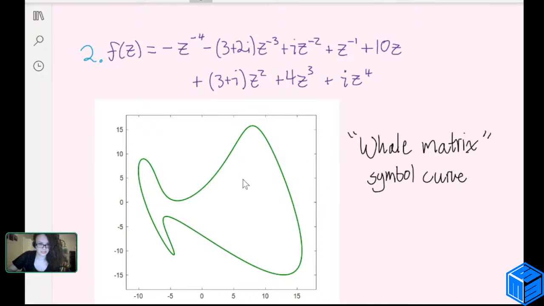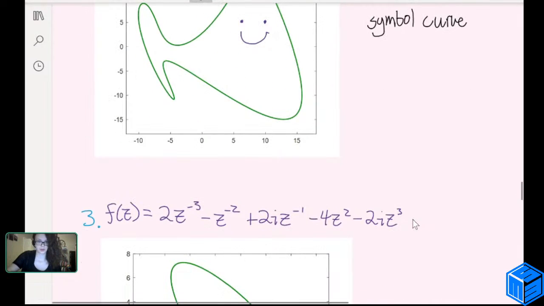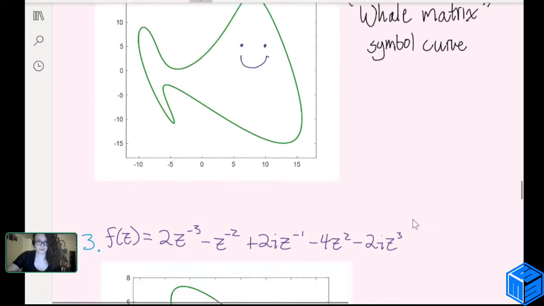If we also consider, along with this symbol curve, this point here and this point here, and this curve, we have a little happy whale as well. So this is the whale matrix symbol curve.